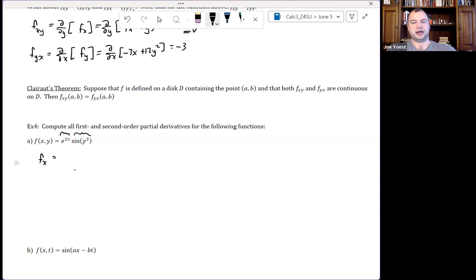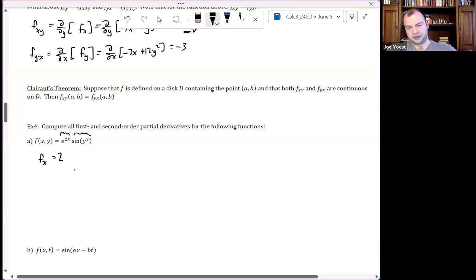So from the perspective of x, this whole sine y squared is just a constant. It just comes along for the ride. We differentiate e to the 2x as 2e to the 2x sine y squared.